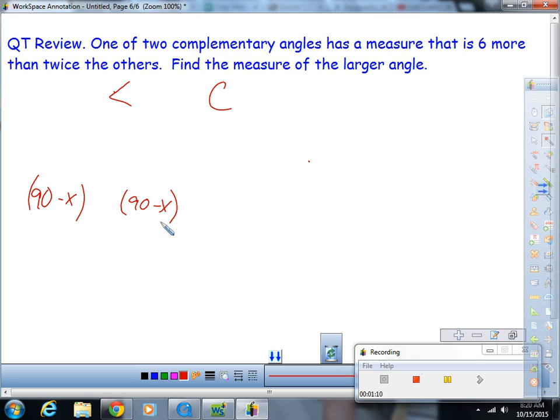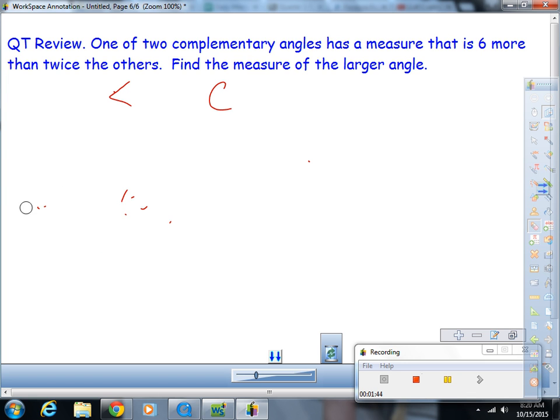Do they add up to 90? They add up to 180 minus 2x. So Alejandro, when are they complementary? When x equals 45 degrees. Okay? All right, so maybe you didn't understand that. Not a big deal. I'm here to help you with this particular problem.